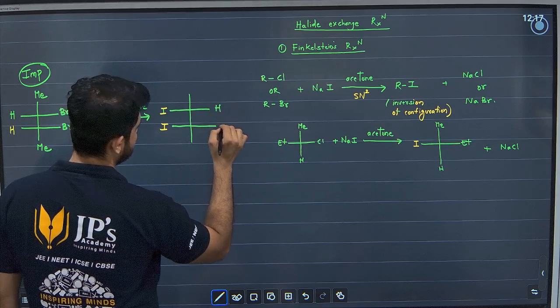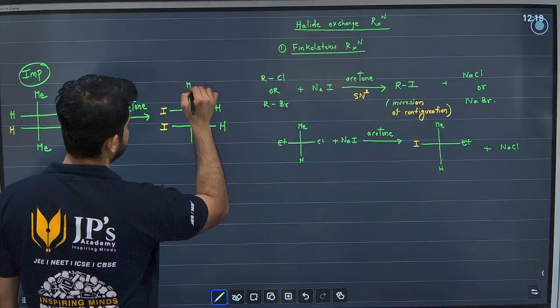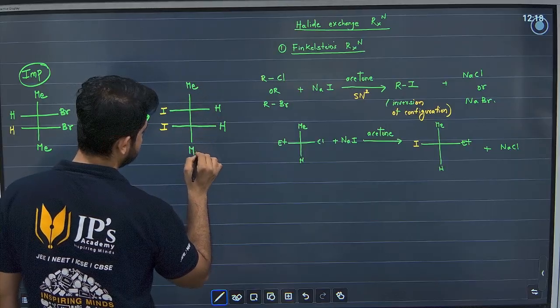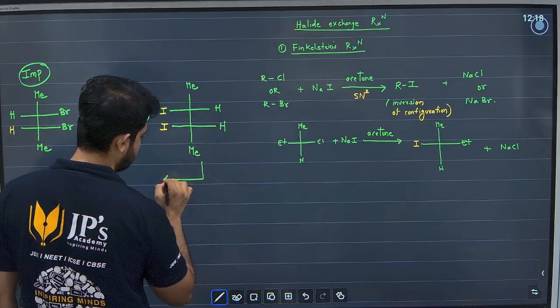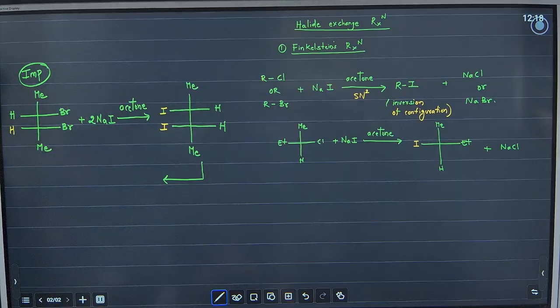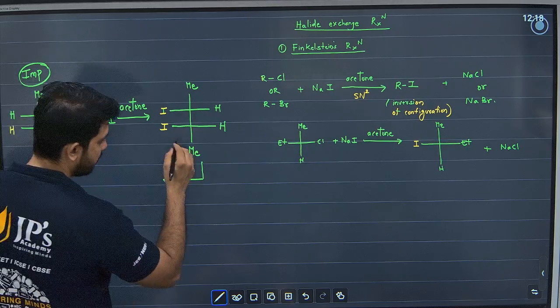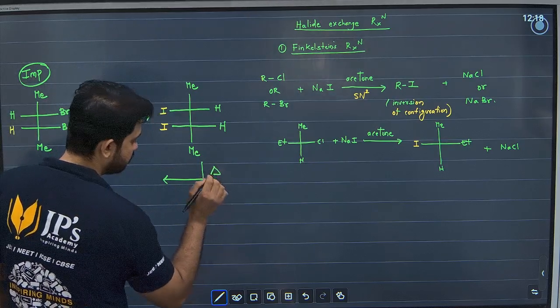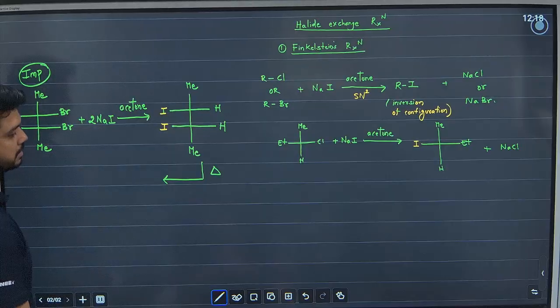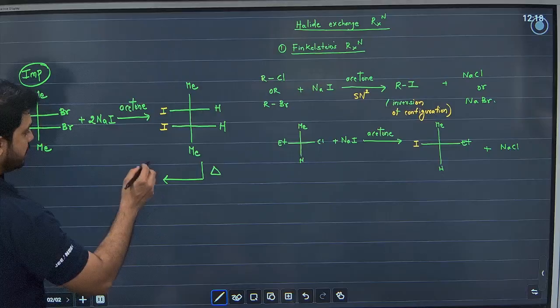H, Me, and however because of the bulkiness of iodine, because of large size of iodine, ये थोड़ा unstable है. थोड़ा सा heat कर दिया, correct.